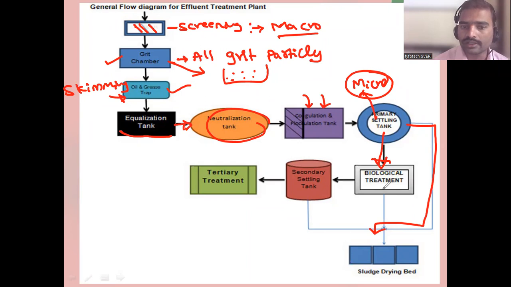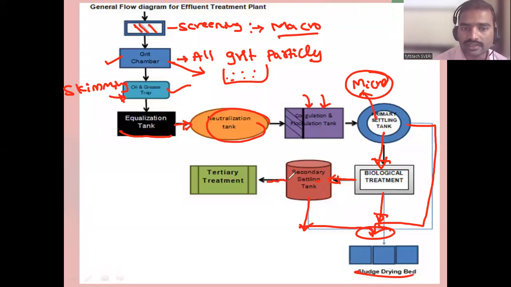After biological treatment, the water is taken into the secondary settling tank. Again, waste is generated from the biological treatment and the secondary settling tank. All the sludge is taken to the sludge drying beds.